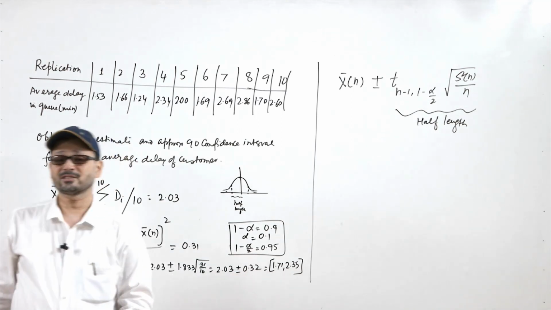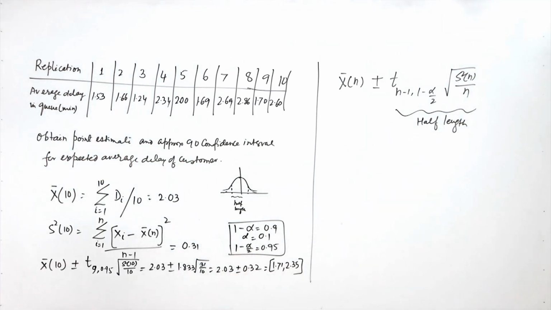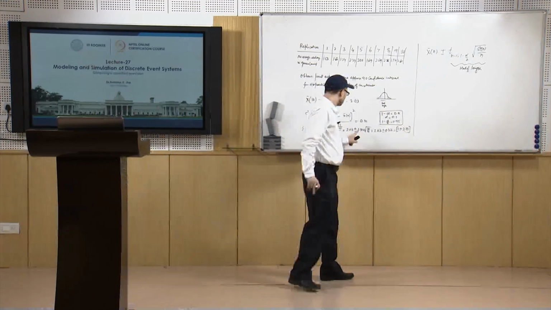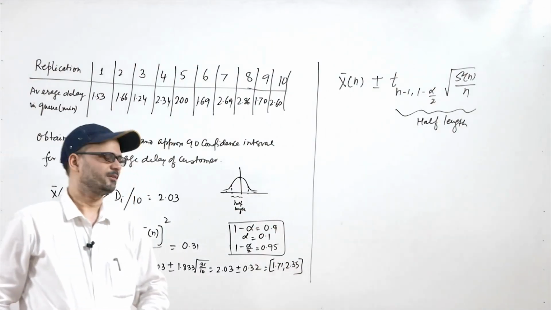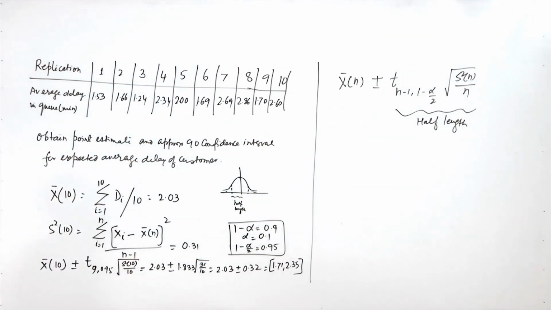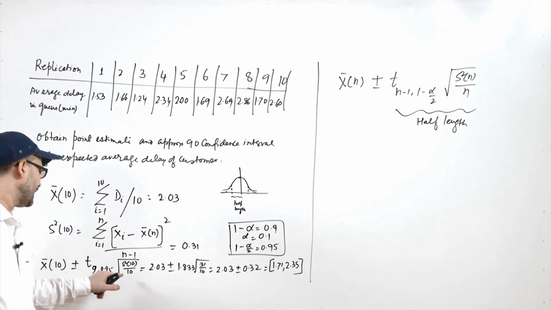So, in that case, as we discussed in the different cases, we can either increase alpha or decrease this s square 10. That is basically kept fixed in most cases.